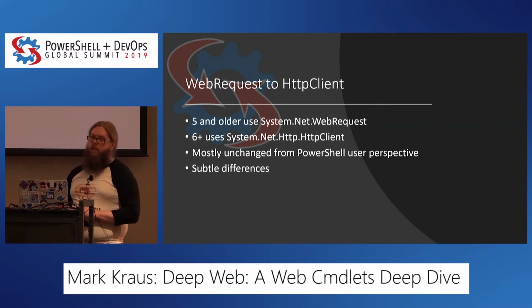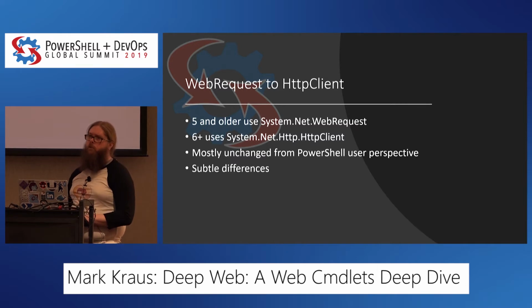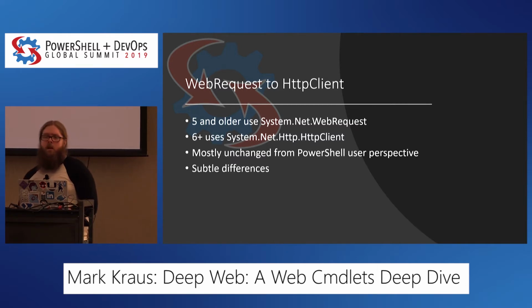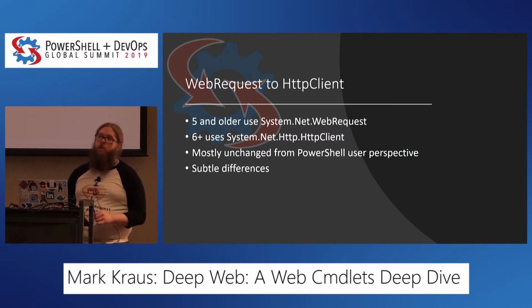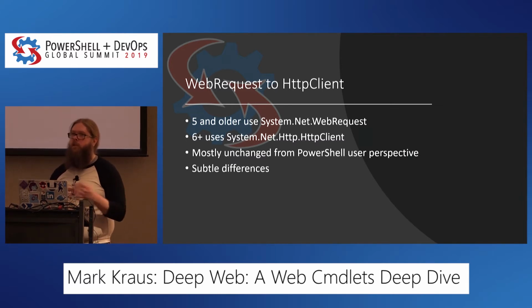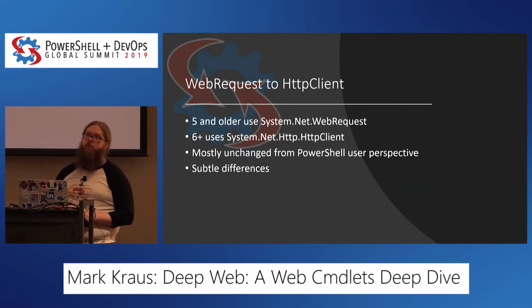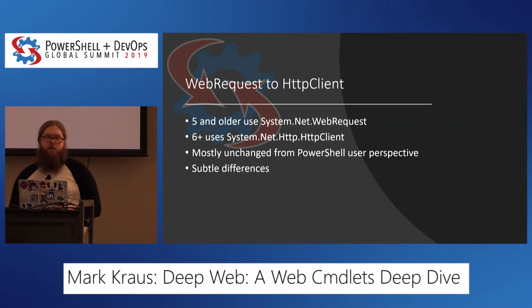And it's a little less clunky. The WebRequest API was added, I think, in like .NET 2. Don't quote me on that. But so it's older, and that was before we really knew what we were doing with REST APIs in the world. So now everything runs on REST. It's like, oh, well, we should definitely have an API in .NET that's more focused towards just HTTP and not all the weird stuff that WebRequest also supported.